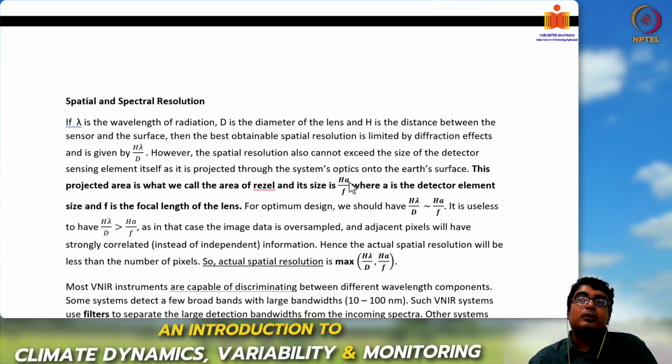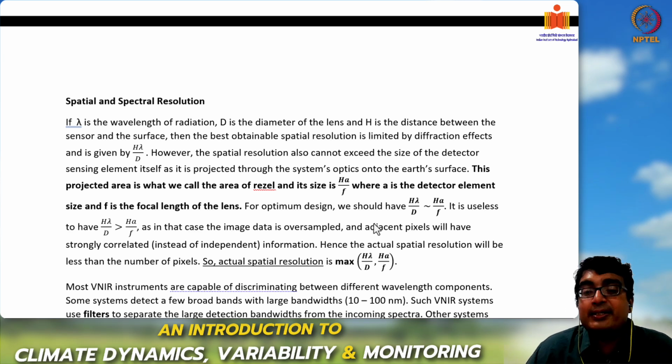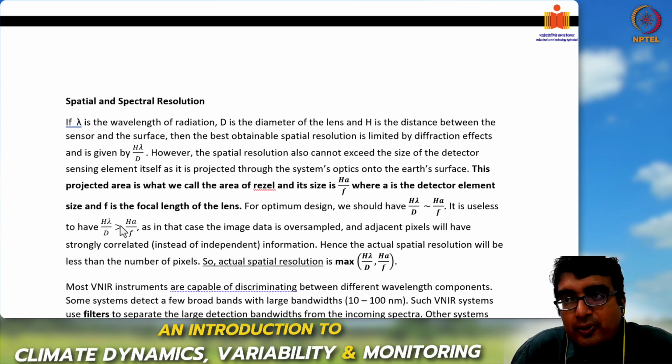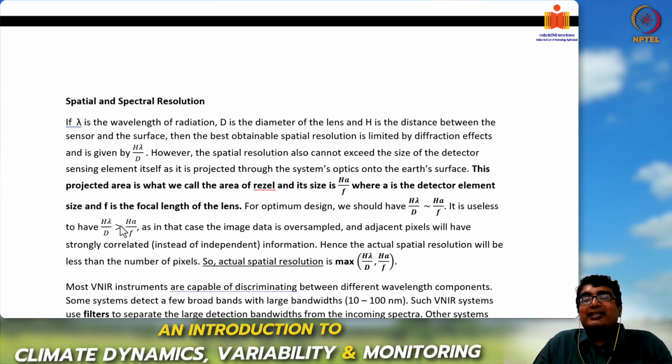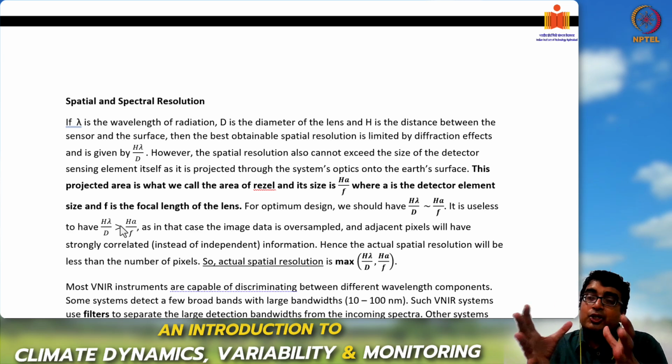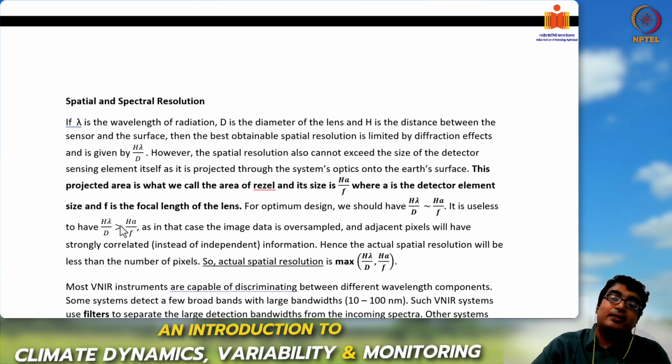For a well designed system, hλ by d is of the order of hA by f. So the minimum physical resolution and the minimum geometric resolution are close to each other. If the physical resolution is greater than the geometric resolution, what this means is the diffraction effects are strong between adjacent resels as defined by hA by f.